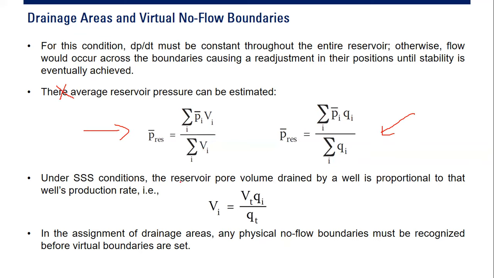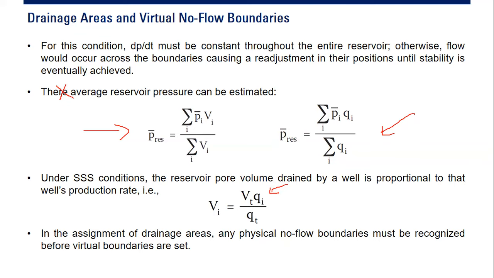And under pseudo steady state conditions, the reservoir pore volume drained by a well is proportional to that well's production rate. Okay. So the pore volume drained by each well is proportional to the well's flow rate or production rate.